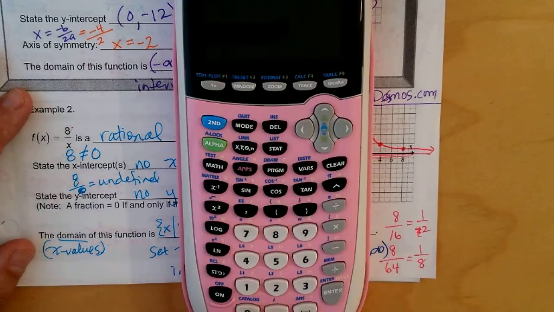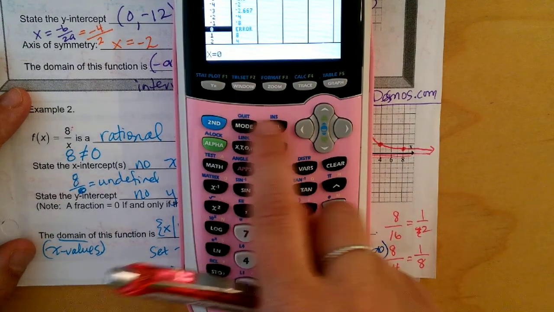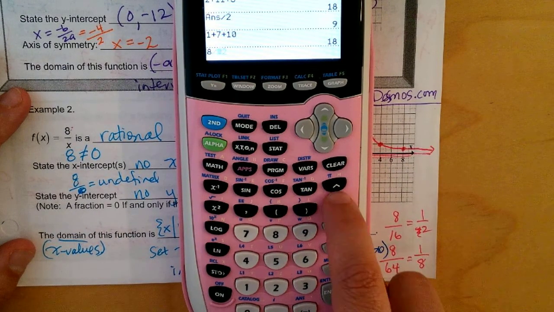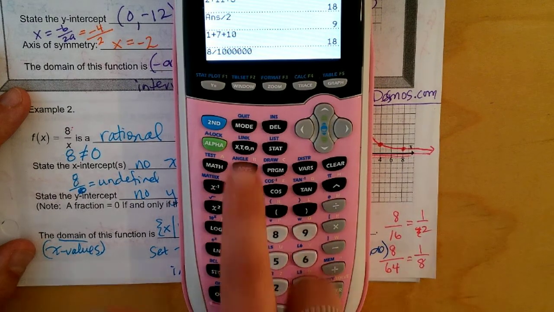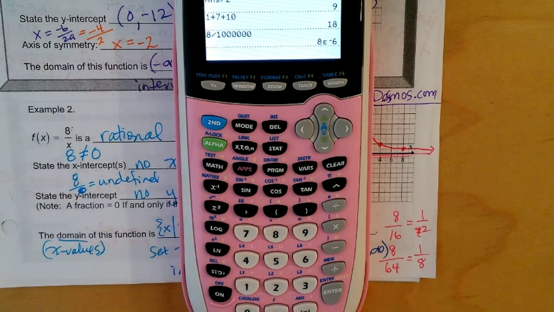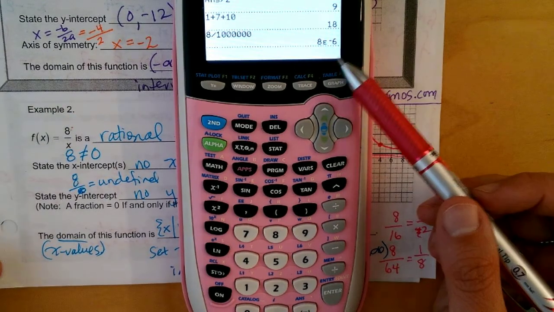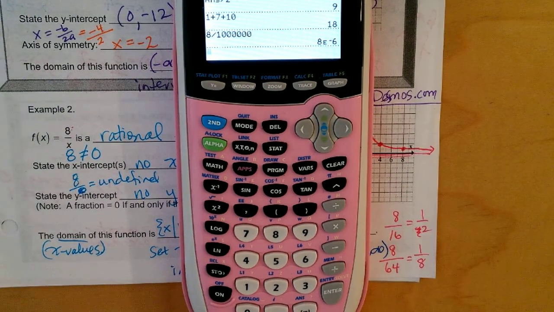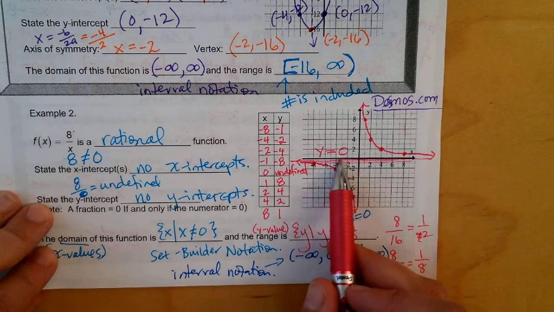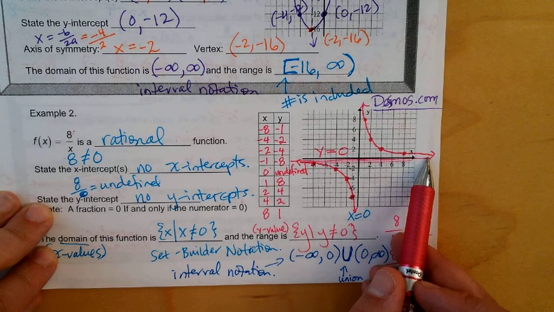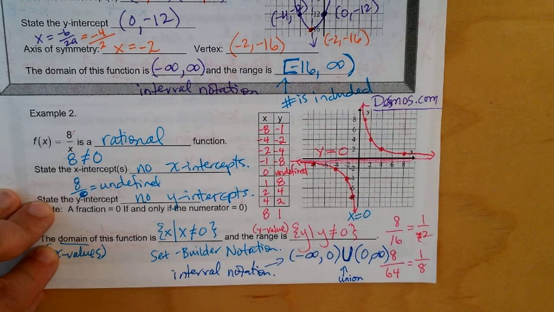If we took 8 and divided it by 1,000,000, 10 to the 6th power, we get 8 times 10 to the negative 6, that's scientific notation for 8 millionths, which is a really, really small number. So the idea is that this graph is approaching 0, but it's never going to reach 0.